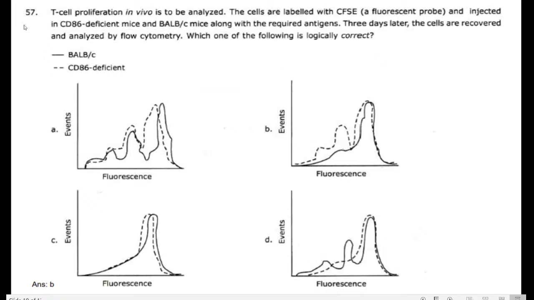So when the antigen and T cells are injected, it makes some alternative changes in their immune system, and the immune response is labeled with the fluorescent molecule. So answer B is the right one. After the 3 days, the BALB/c injected mice showed a smooth and increased response, and the CD86 deficient mice showed some alterations.